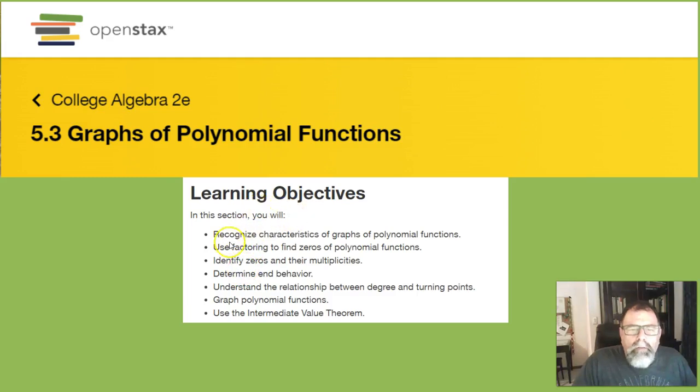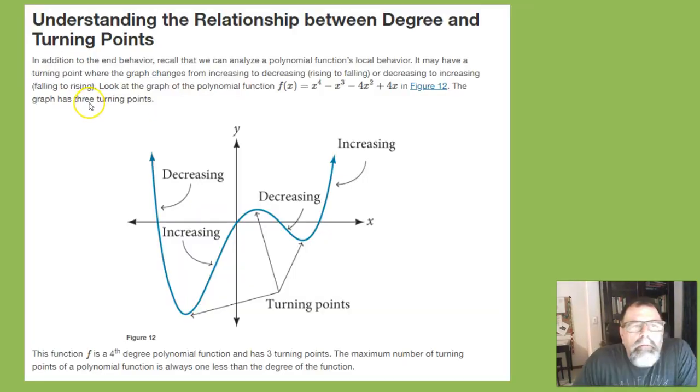Our next learning objective, understand the relationship between degree and turning points. In addition to the end behavior, recall that we can analyze a polynomial function's local behavior. It may have a turning point where the graph changes from increasing to decreasing, rising to falling, or decreasing to increasing, that's falling to rising.